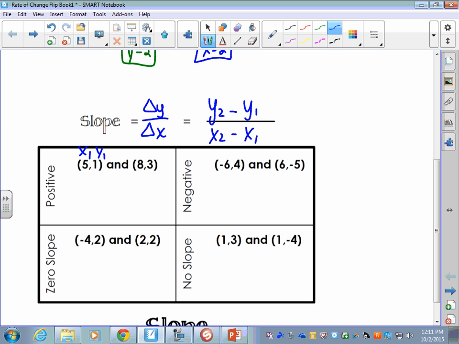So label them. This should be x2 and y2. So when I'm writing and talking, you should be doing the same thing.